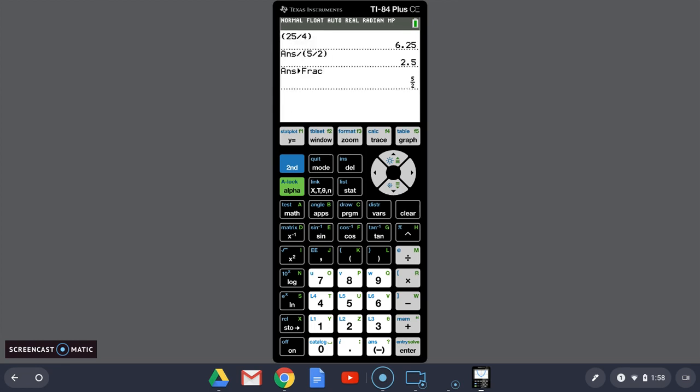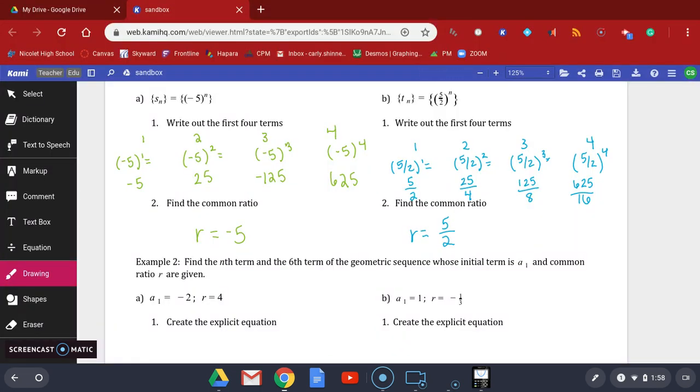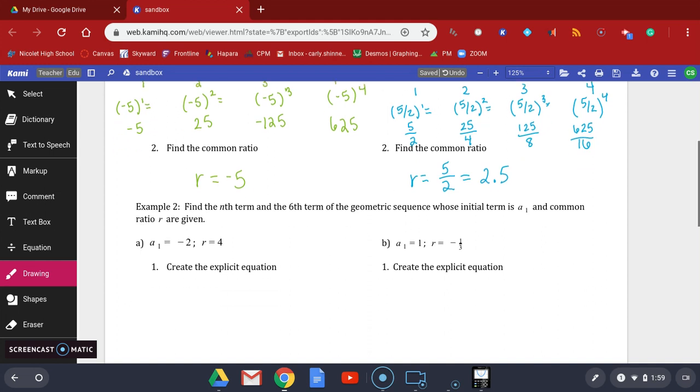But you can see using that same dividing strategy, we do 25 divided by 4, divided by 5 divided by 2, and we get 2.5 for the ratio, which is equivalent to 5 halves. So that's kind of a little warm up here just to get us thinking about geometric sequences.